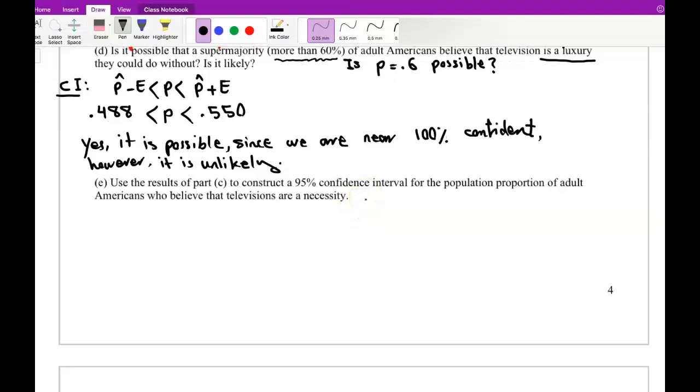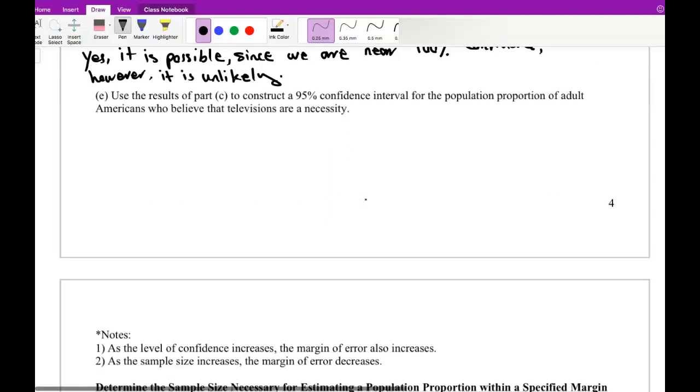So the answer for possible was yes, and then part A used the result of part C. So again, we have a 95% confidence interval for the population proportion of adult Americans, but in this case, they believe that televisions are necessities, so it's not a luxury.